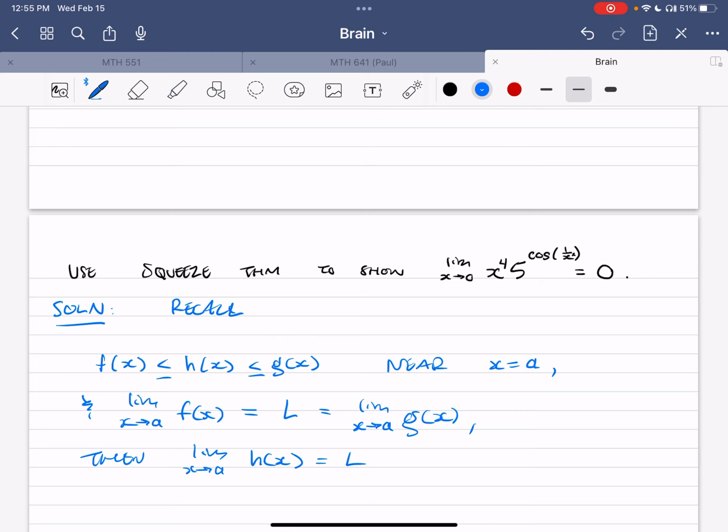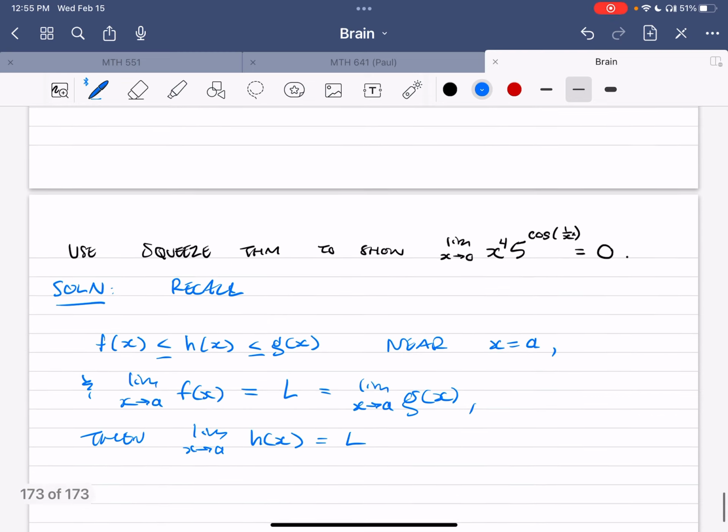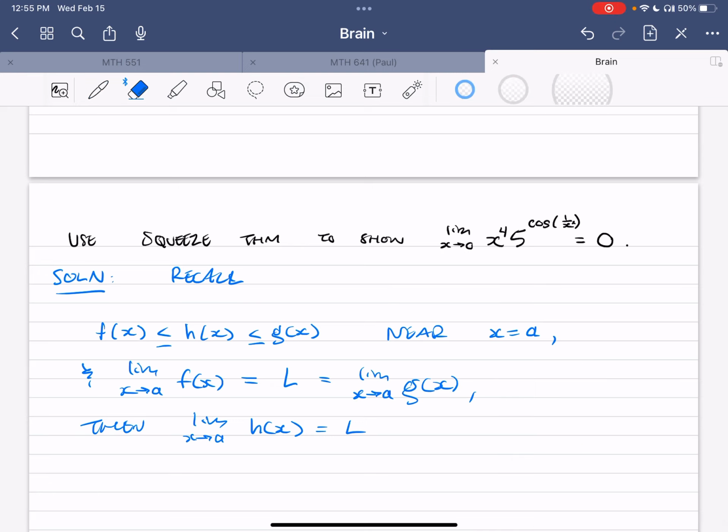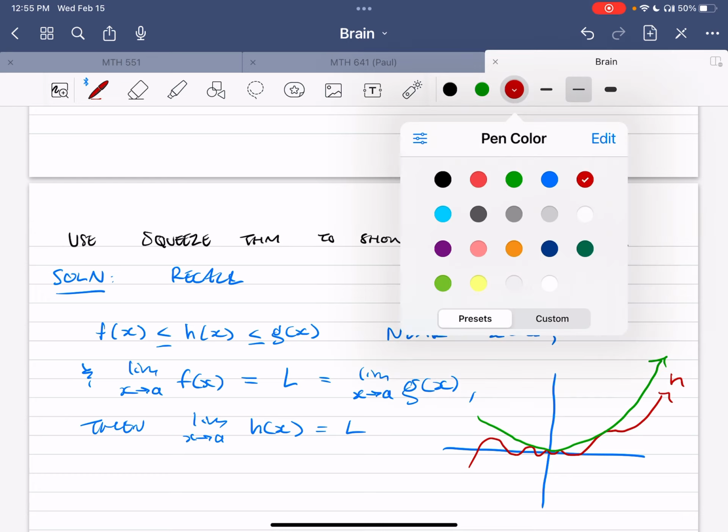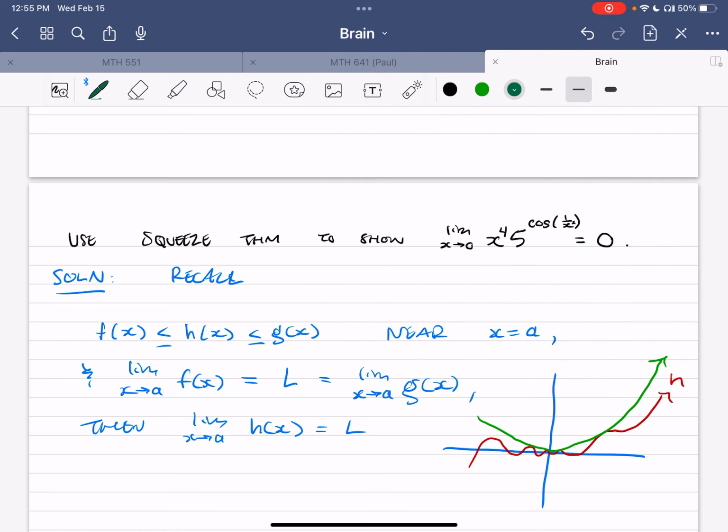If you don't remember this, just remember the picture, right? The picture is this. We have some funky function h, and h is bounded between two easier looking functions whose limits approach the same value, in this case, right here.